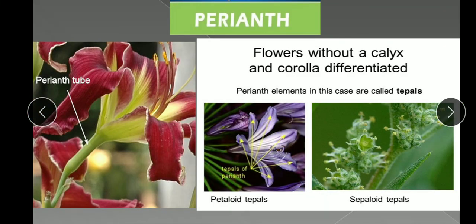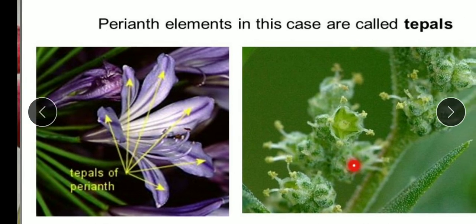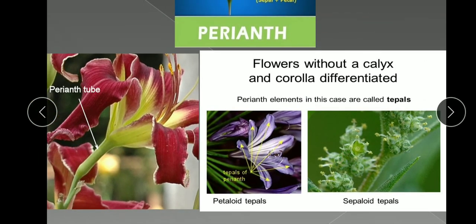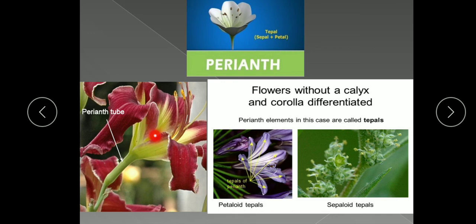And when the tepals are green, meaning they are just like sepals, then this type of tepals are termed as the sepaloid tepals. You can see here this is also a flower, Gulmohar, showing you the petaloid tepals, which is usually observed by you.